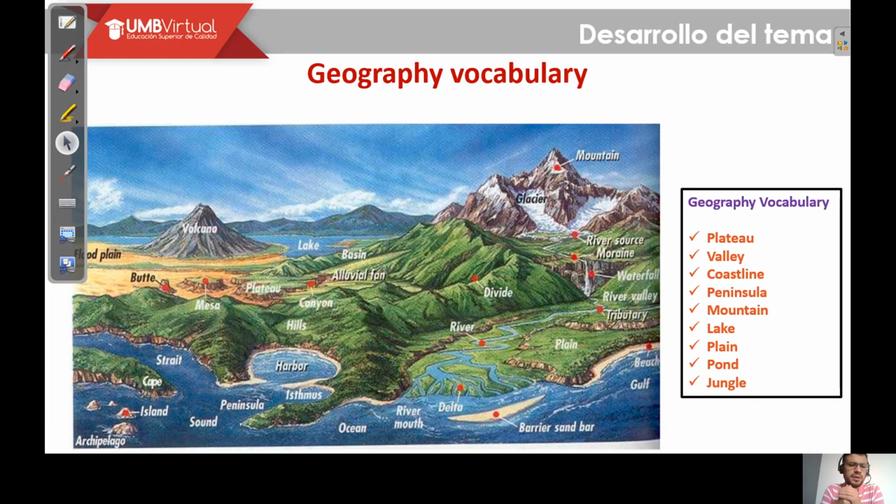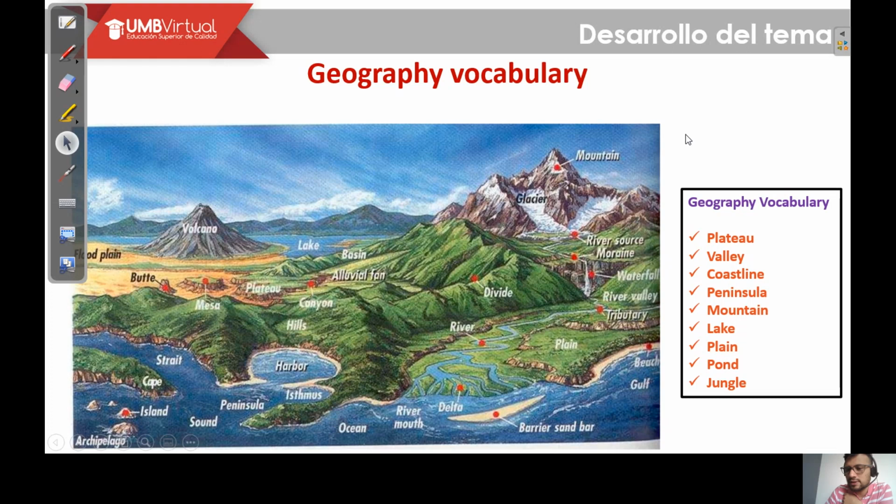We have geography vocabulary, and you're going to look for more than in here. So we have in here mountain, glacier, river source, moraine, waterfall, river valley, tributary, river divide, alluvial fan, basin, lake, volcano, floodplain, butte, mesa, strait, cape, island, peninsula, isthmus, harbor, ocean, river mouth, delta, barrier sandbar, gulf, beach, plain.